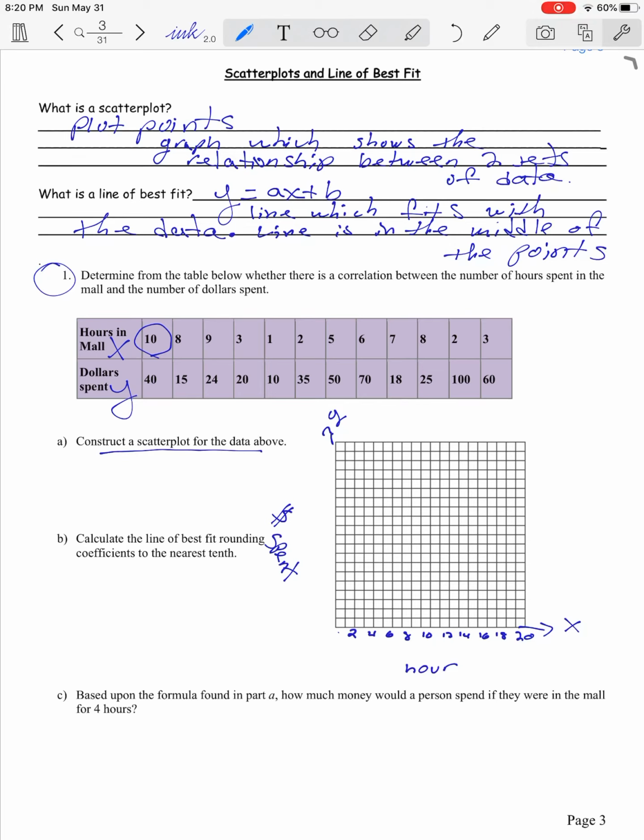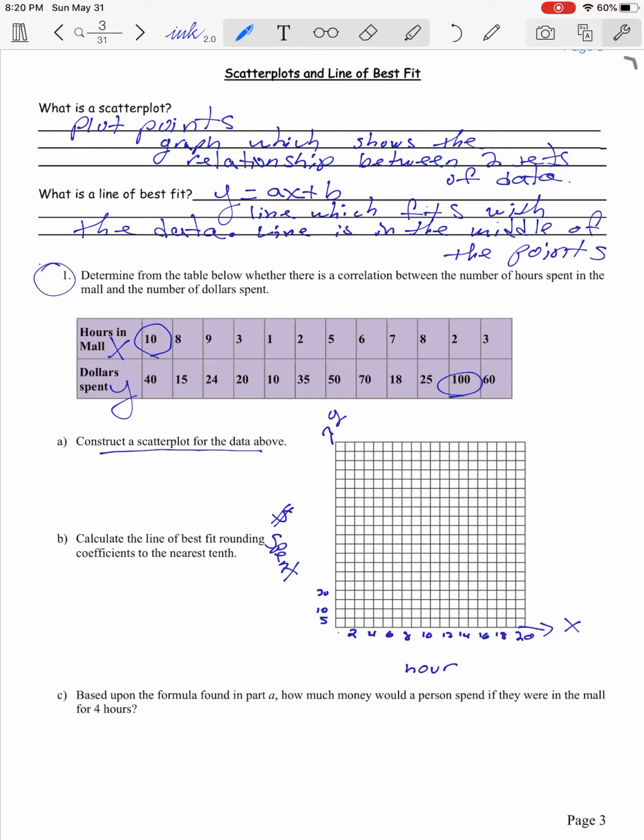Then I look at my Y's, and my highest Y value is 100. So I certainly can't count by ones, and I probably can't count by 2s, but I could count by 5s. So if I count by 5s, this would be 5, 10. I'm going to skip, and I'm just going to label 20.